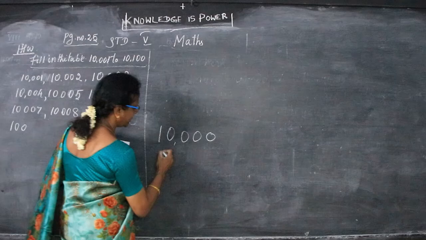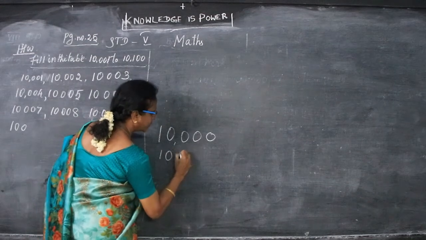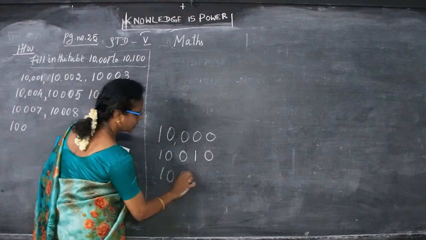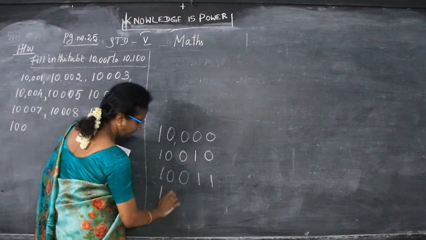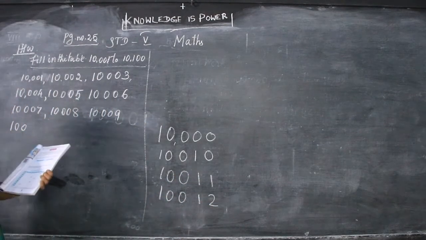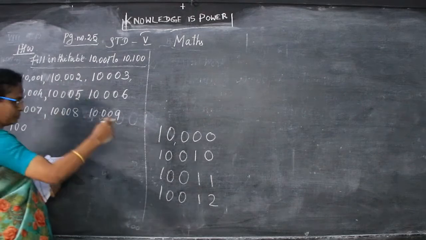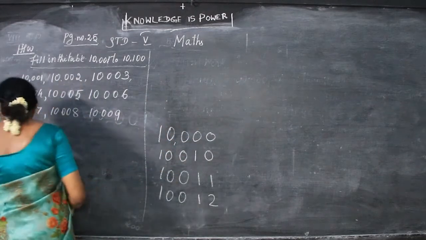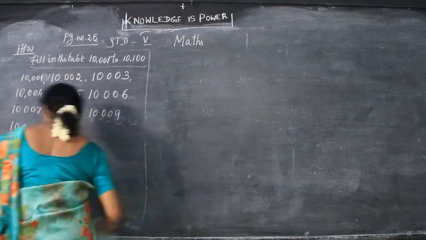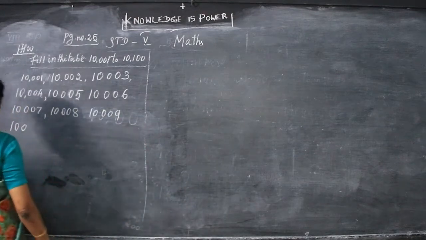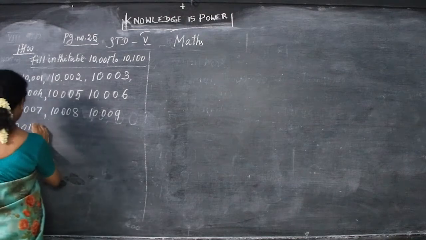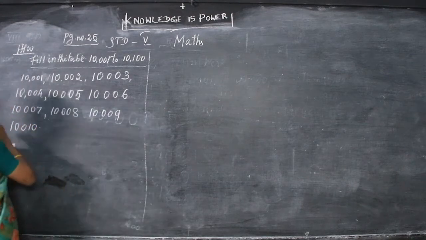Now when 10,010 comes, then 10,011, 10,012. Like this you have to write. Okay. So writing 10,000 onwards, you will write till 99. So from 1 to 100 when you write, at last you will write up to 10,090.